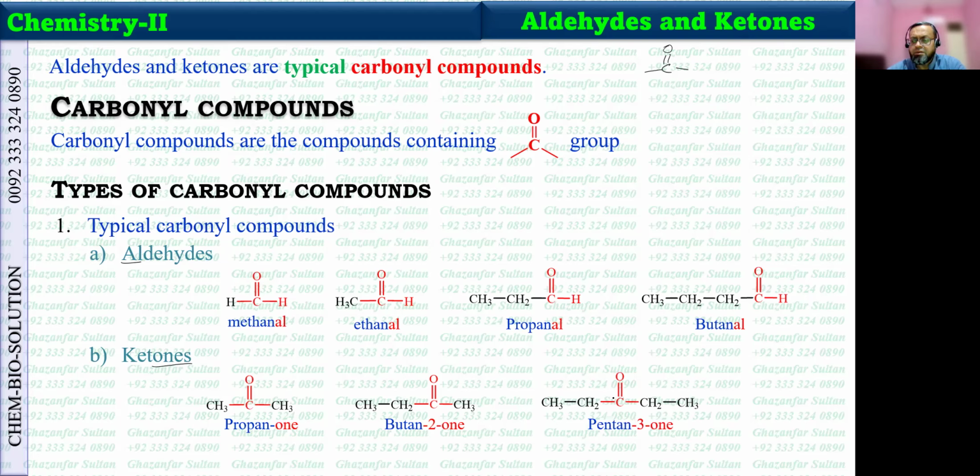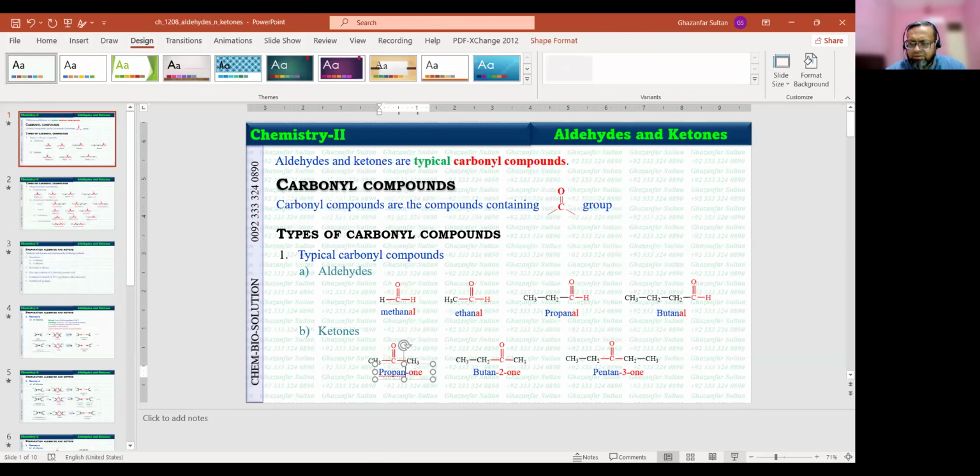And pentanone, but here it is a must to write the position because it could be pentan-2-one or pentan-3-one. Although I have mentioned the hyphen in between, we should avoid this hyphen in correct naming. So I should avoid this in propanone, and there is no need to mention the position here.